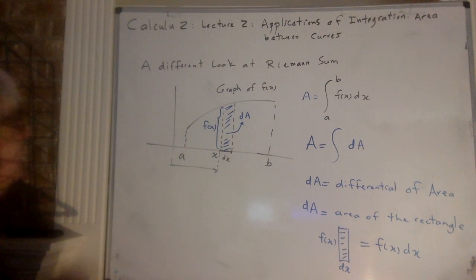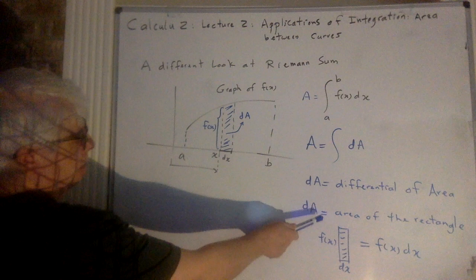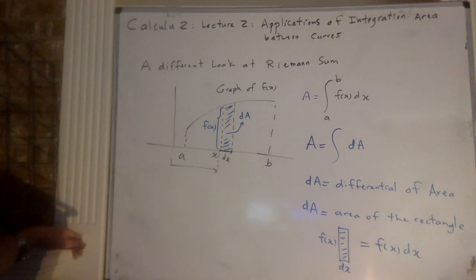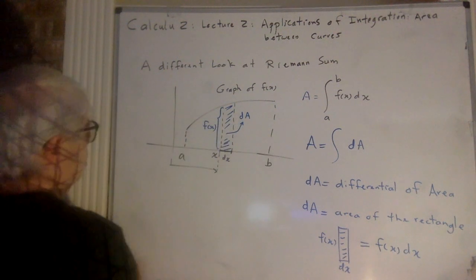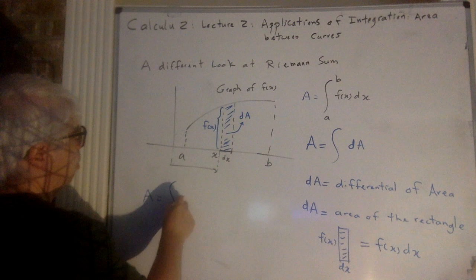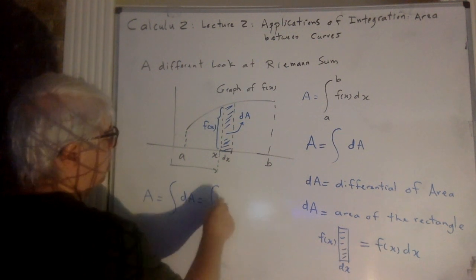What is the area of this differential of area, this dA? Well, I draw the picture here. One side of this rectangle is dx, the other side is f(x), so the area is in fact f(x) times dx. Therefore, this area, which is the integral of the differential of area, will be the integral of f(x) dx.